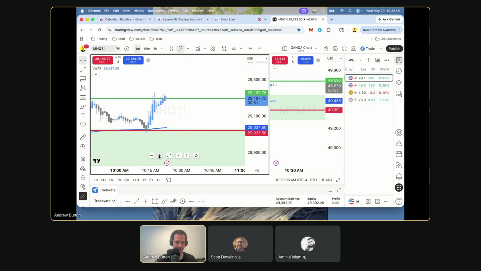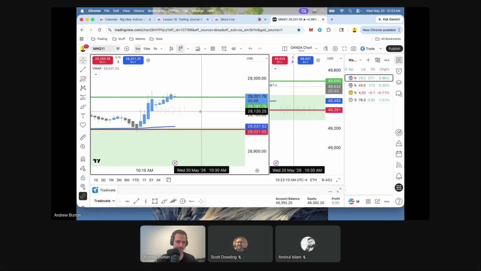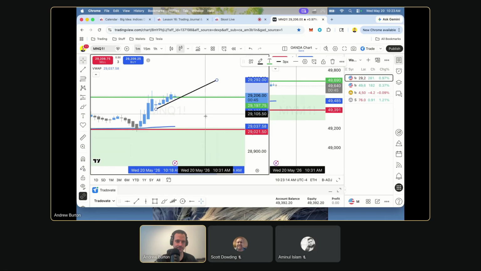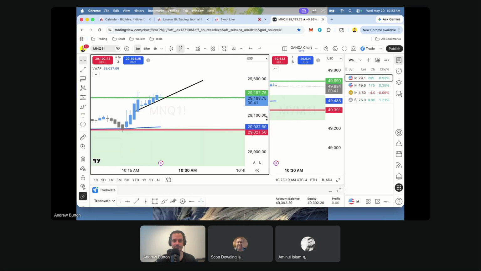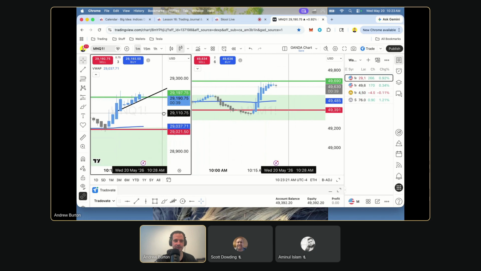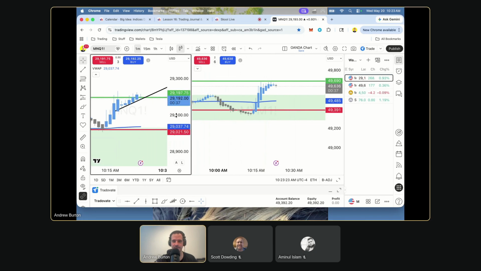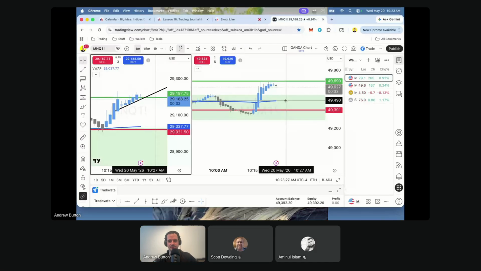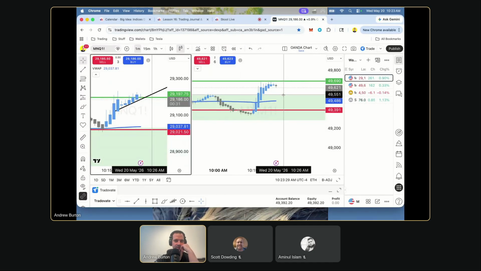Let's just put a line on that and see what happens. We'll see what happens for that guy. Does he break and go back down? This guy definitely looks like he's gonna come back down, at least to the VWAP area or here.